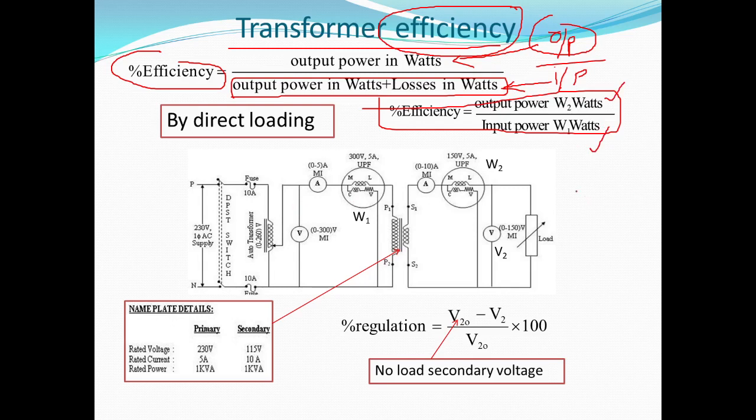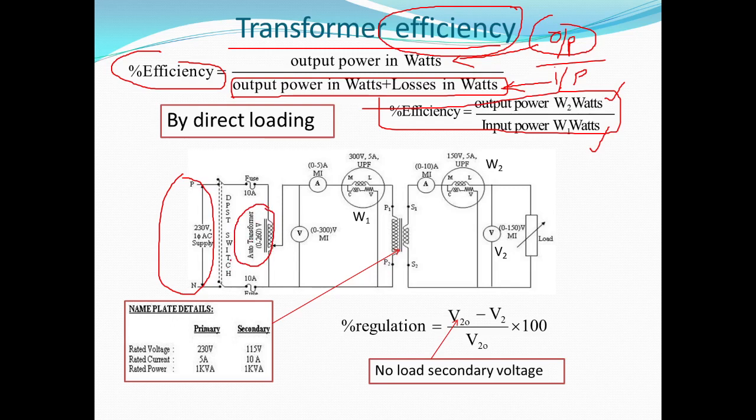This is a simple diagram representation to find the efficiency as well as the regulation. Here we are giving a supply to an auto transformer. The auto transformer is useful to get a variable voltage in the secondary. It is a variable device.